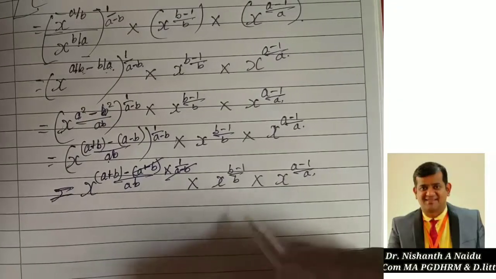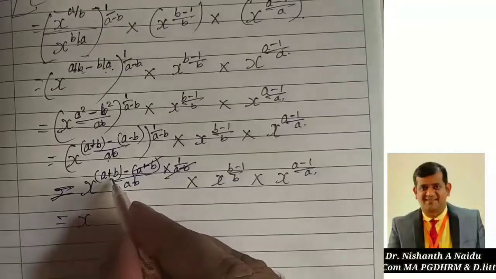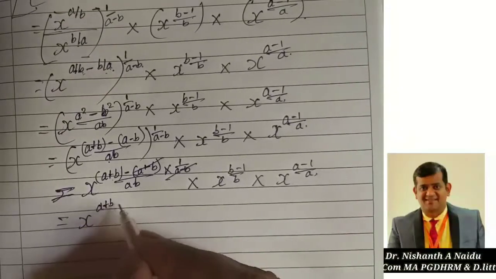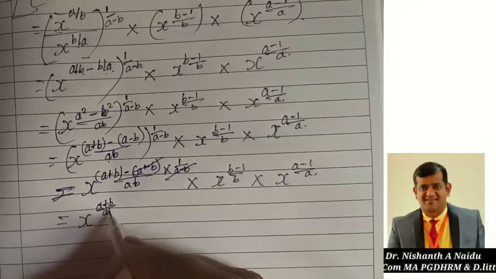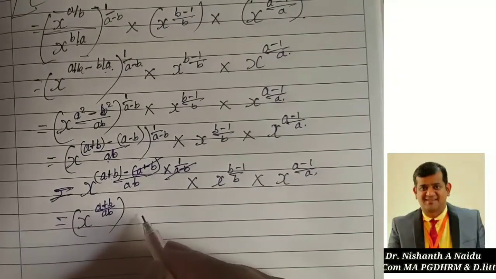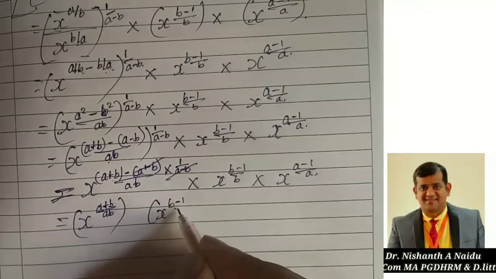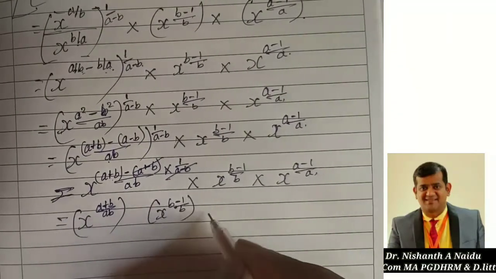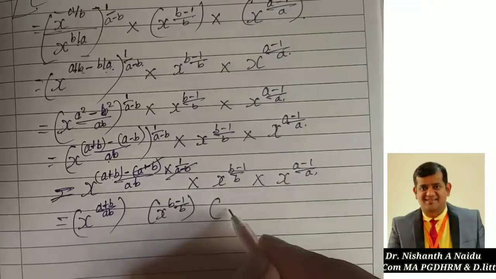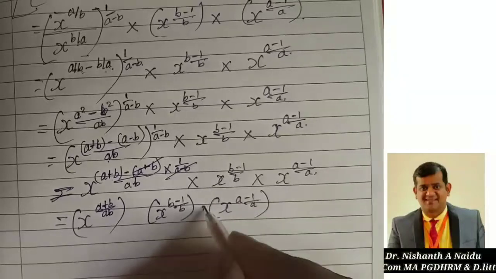Okay, so now in the next step, x to the power left out is a plus b divided by ab, into x to the power b minus 1 divided by b, into x to the power a minus 1 divided by a.